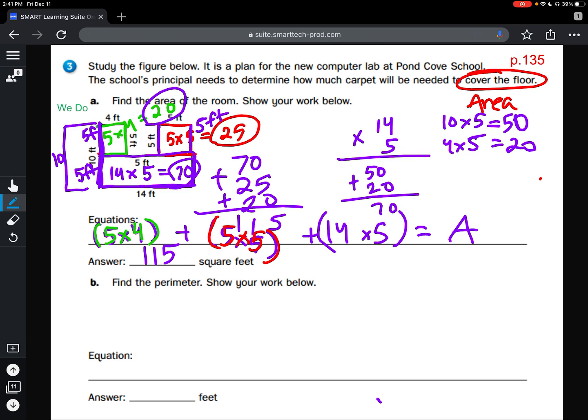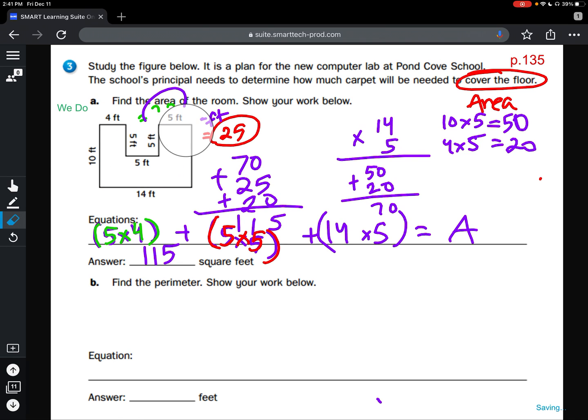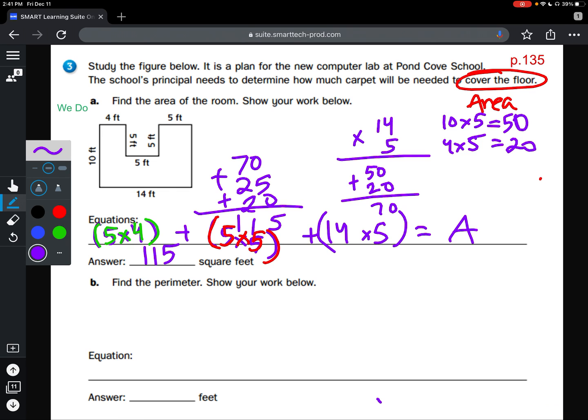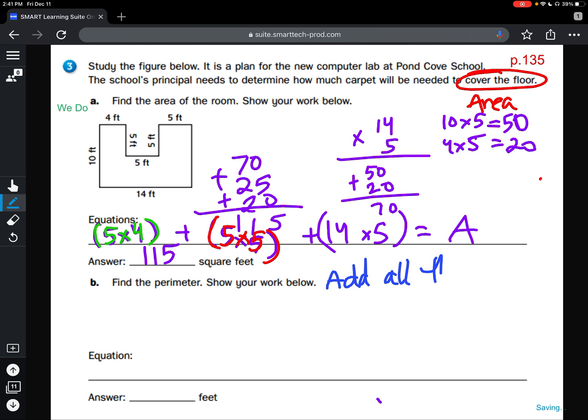Alright, so part B of this problem tells us that we need to find the perimeter. So when I find the perimeter, I'm going to go ahead and erase all of my work from the area because I need to be able to see better. How do you find the perimeter? You add all the sides. So if we add up all of our sides, let's start with the longest part, 14. I want you to trace the line after you've counted it. 14.